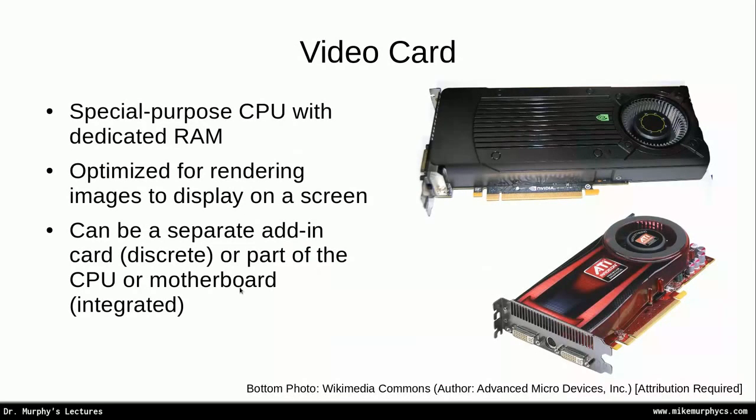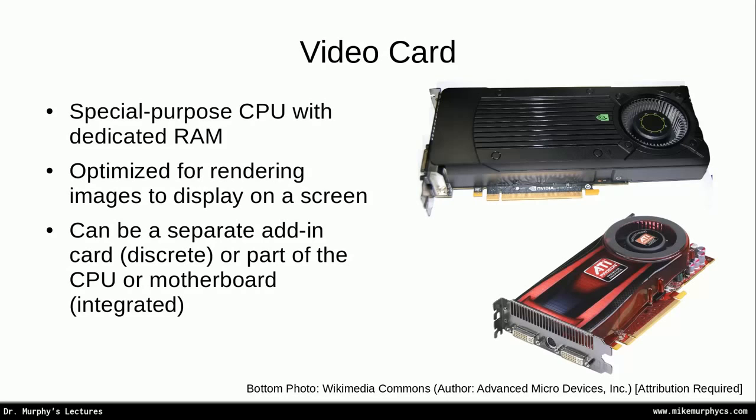Okay, so that's our persistent storage. We do have a couple of other types of devices that we can attach to the motherboard. For example, if you've built your own computer before, or heard people talking about building their own computers, a lot of times they make a big deal about the video card. The video card is really nothing more than a small, special purpose computer that goes inside your larger computer.